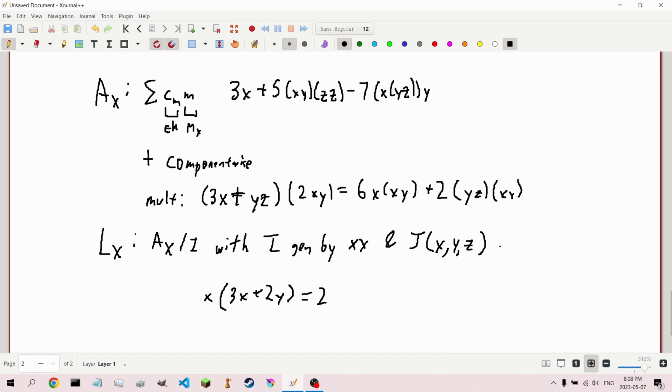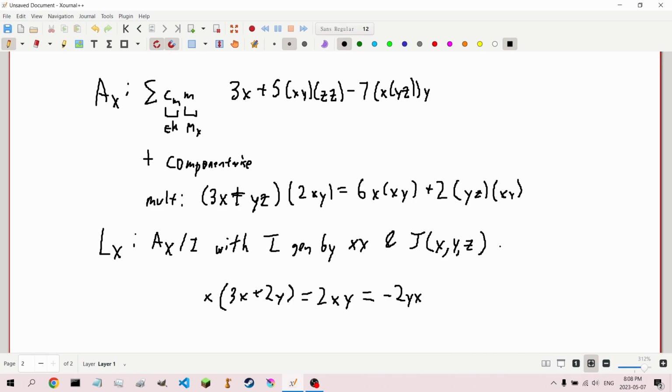On the term on the right, we get 2xy, and keep in mind, from x plus y squared being our ideal, this is equal to negative 2yx. So essentially we can treat this multiplication, our magma product here in the free magma, as a Lie bracket, is what makes this a free Lie algebra.